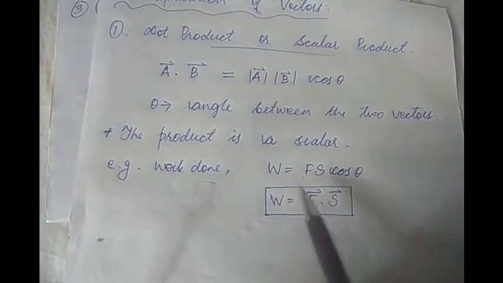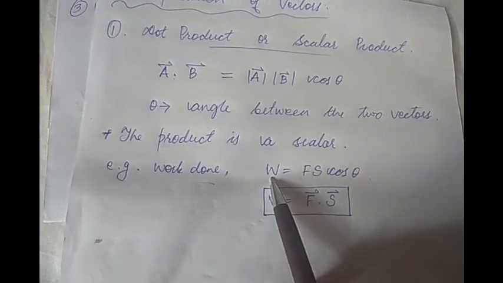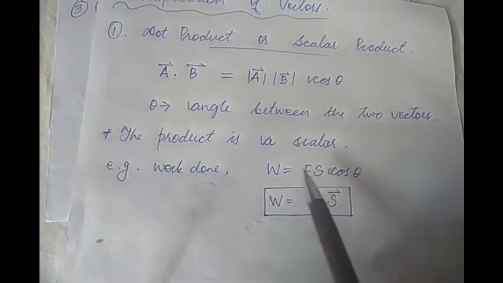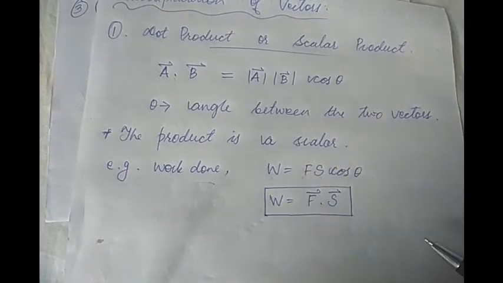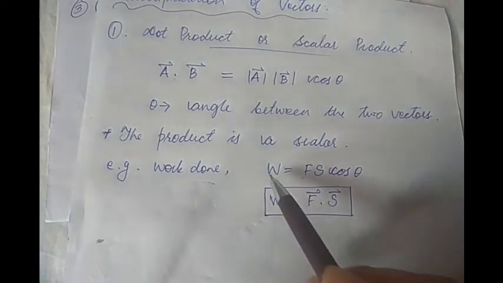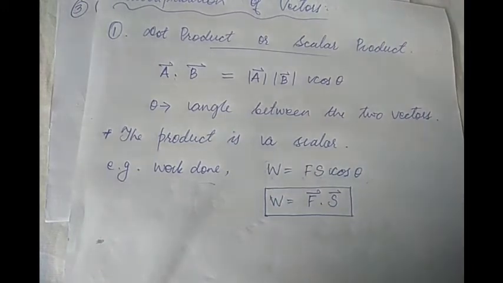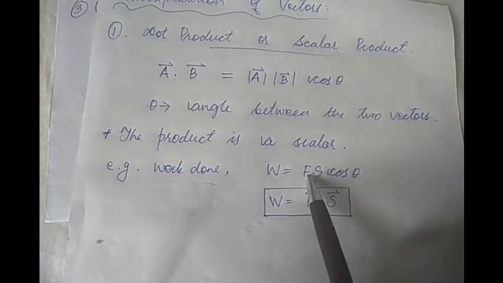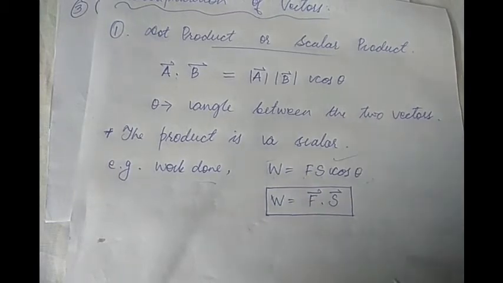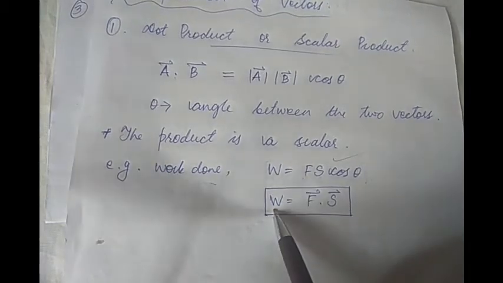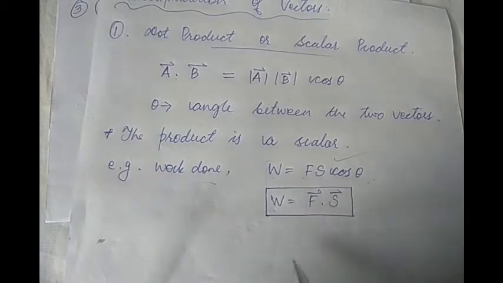Work done is a scalar quantity, remember. Force is a vector, displacement is a vector, and theta is the angle between the force and the displacement. So you've already dealt with the dot product of two vectors. You're multiplying two vectors and getting a scalar quantity. This can also be written as work, which is a scalar quantity, so therefore no vector notation.